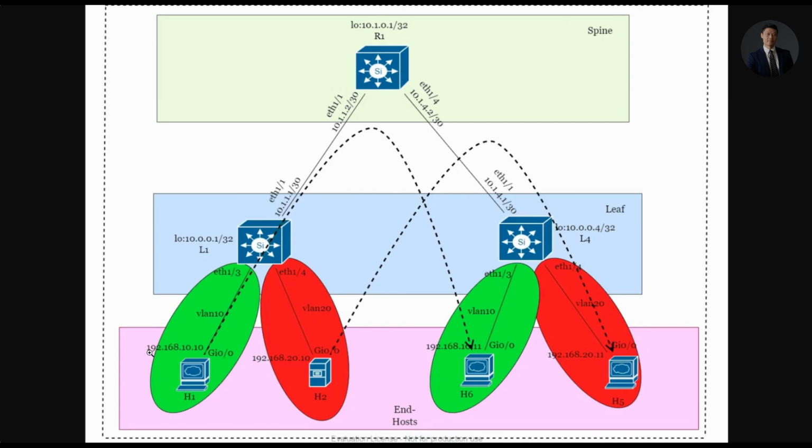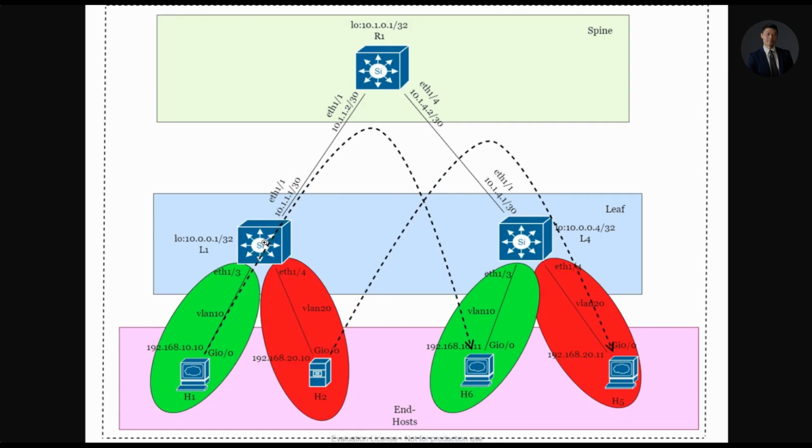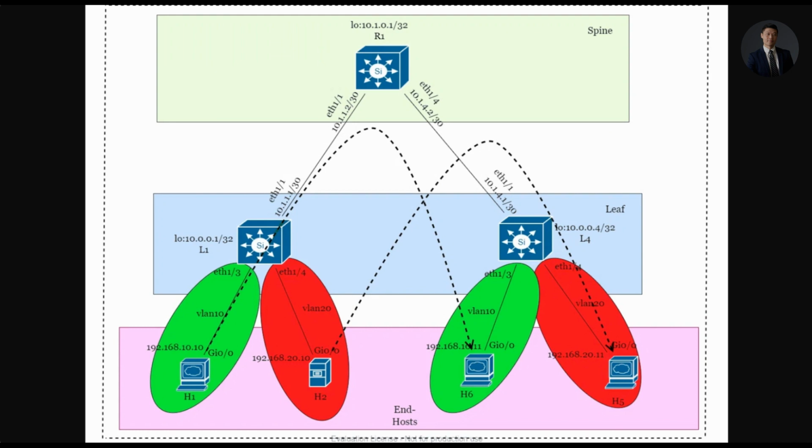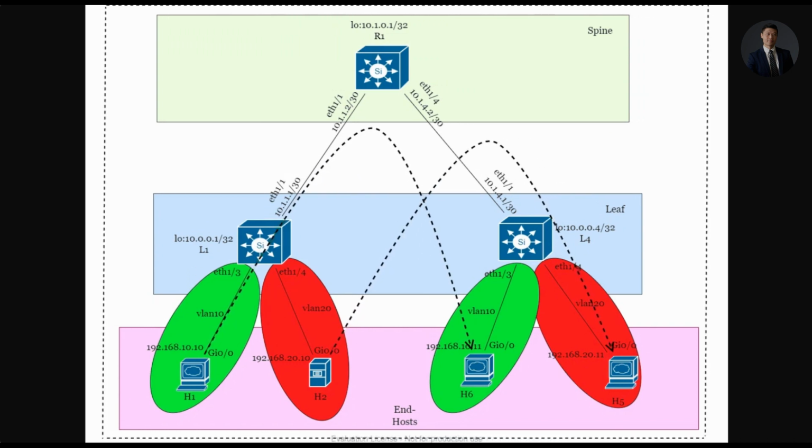Since the destination is in the same subnet as the source, these packets will be received by leaf 1 on port Ethernet 1/3, which is in VLAN 10 access mode.